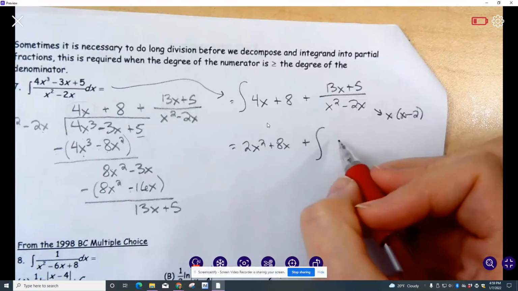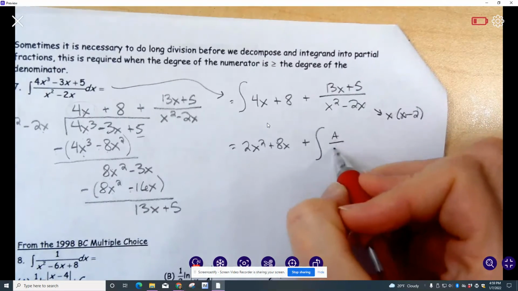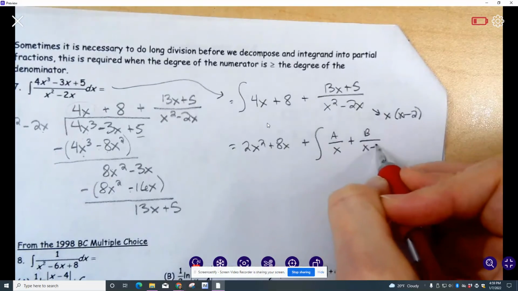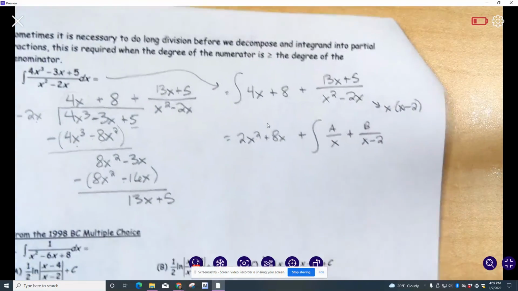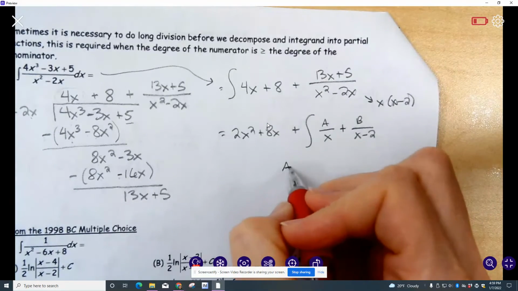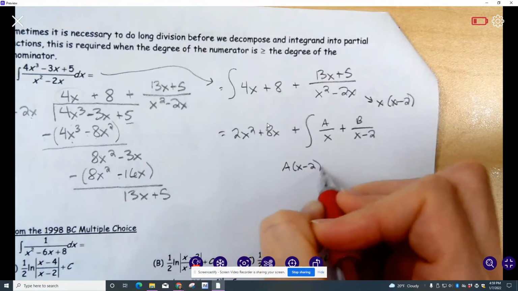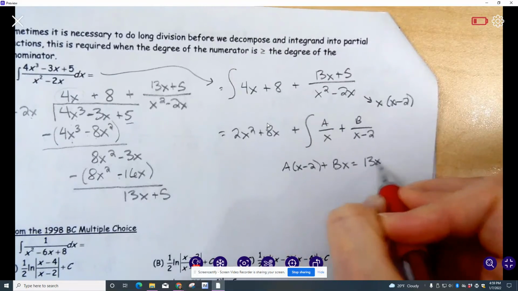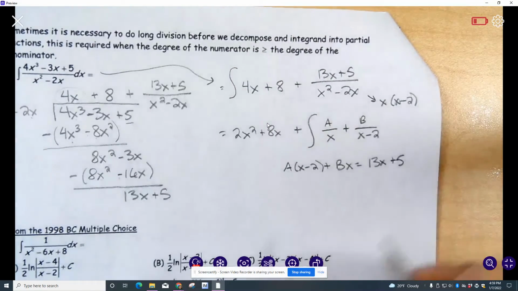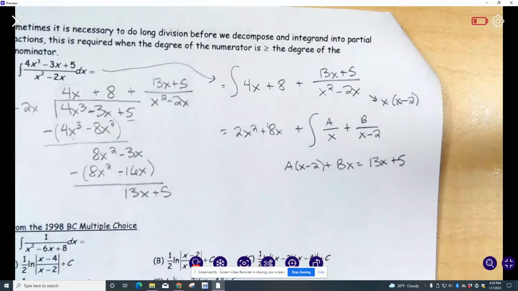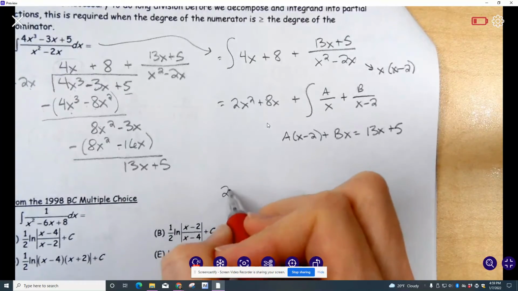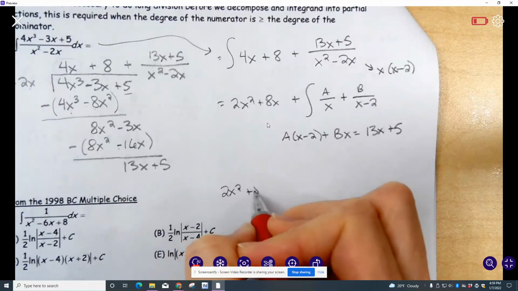So I could split this up into A over x plus B over x minus 2. And then I would have A times x minus 2 plus Bx equals 13x plus 5. So then you would continue on with your partial fractions there. I'll let you finish that, but I will tell you this is my final answer.